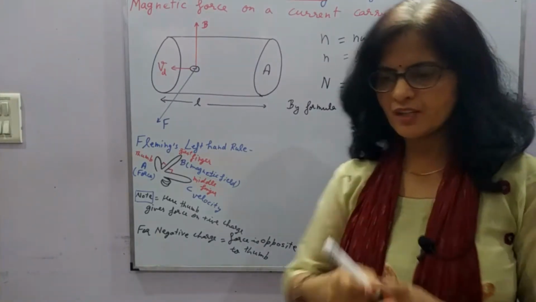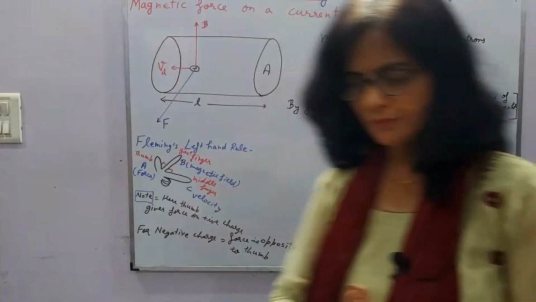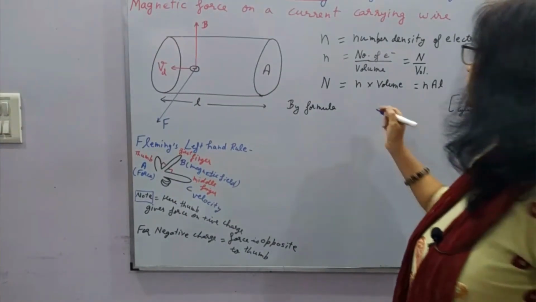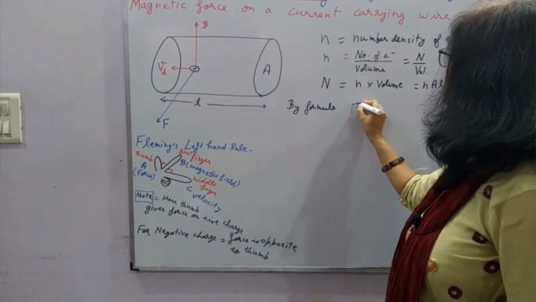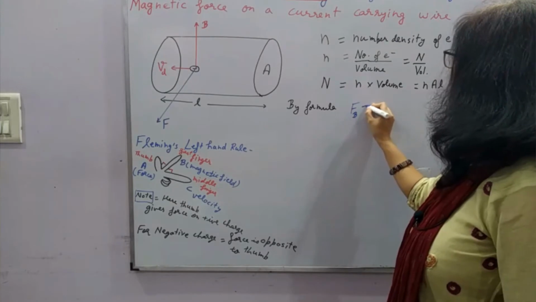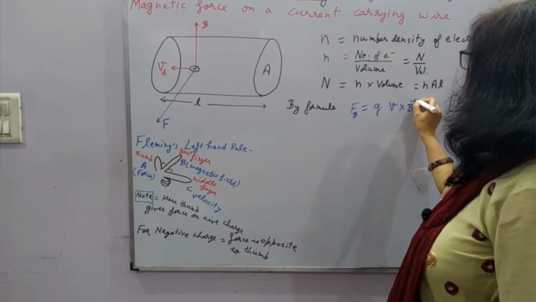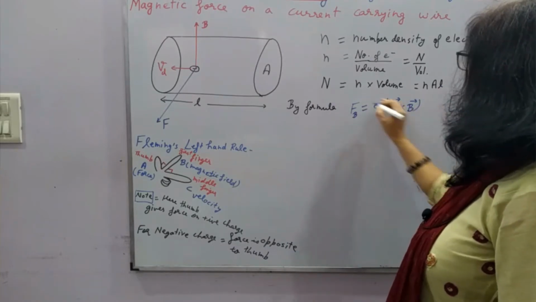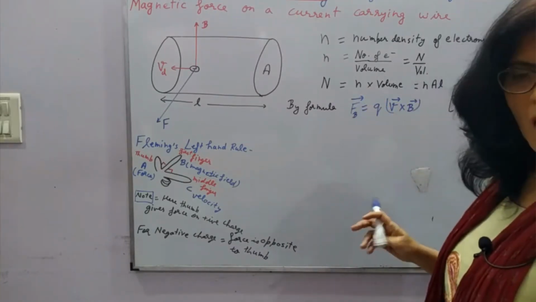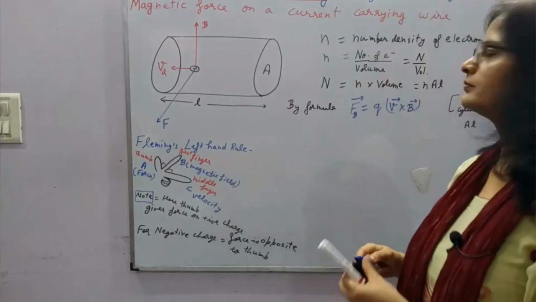By formula, let's recall that the magnetic force is equal to Q V cross B, right? Here, how much is the charge?